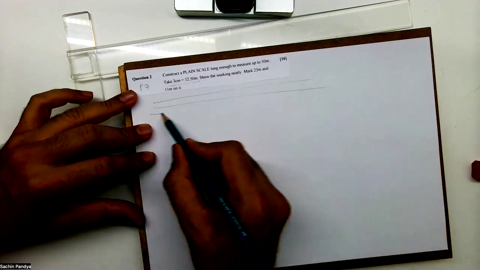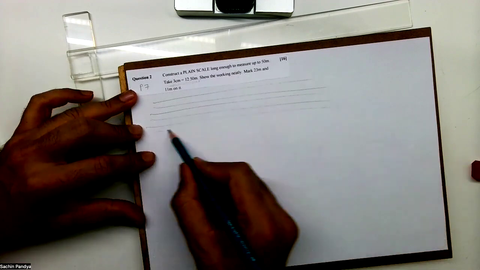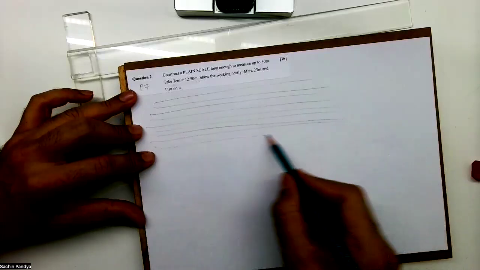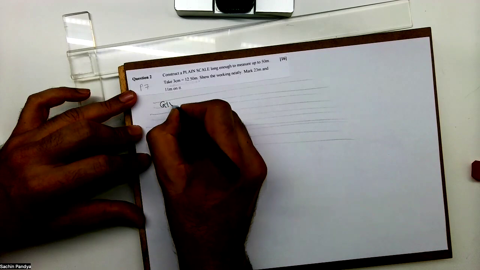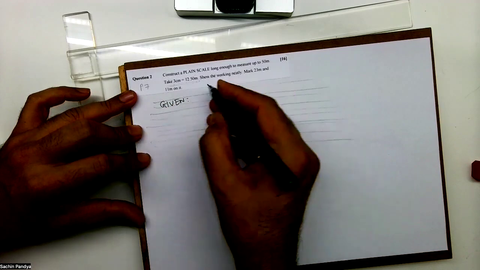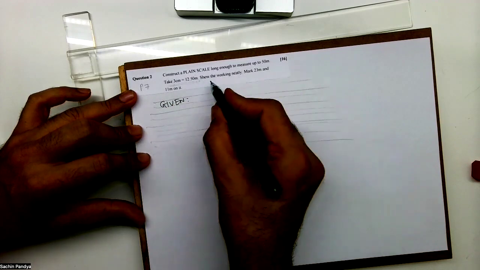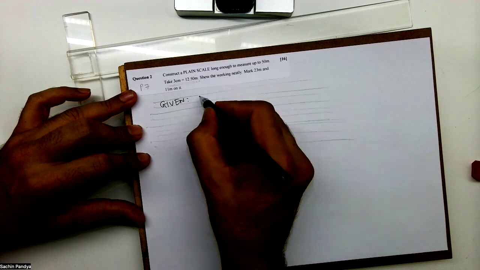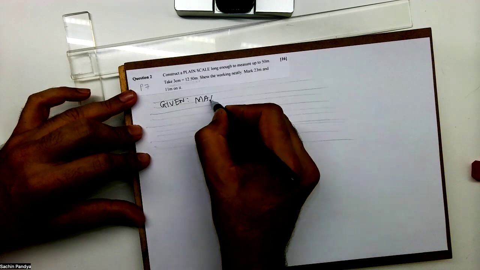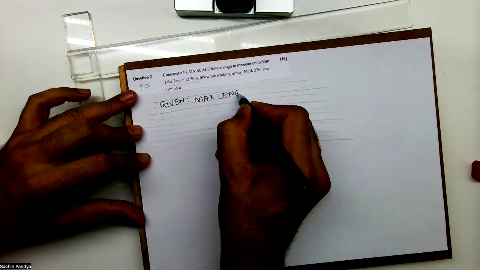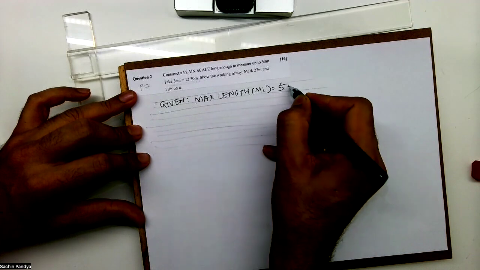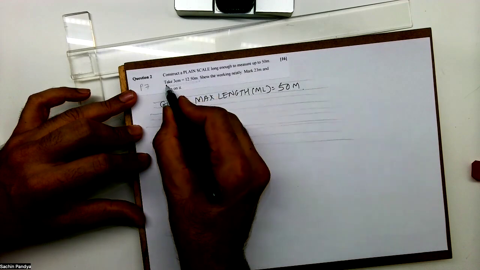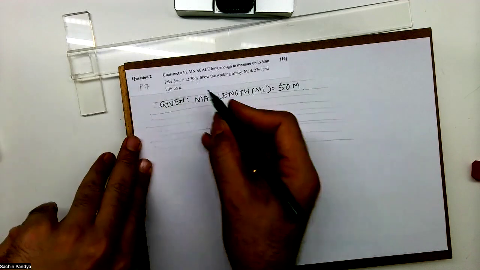So again, what we'll do, we'll draw a guideline. We'll write given. Maximum length. How much is maximum length? 50 meter. Take 3 centimeter is equal to 12.5 meter.